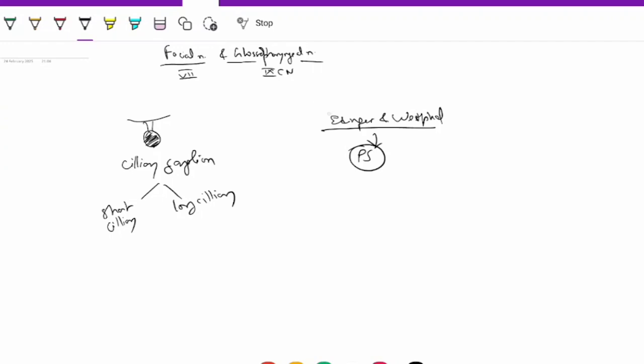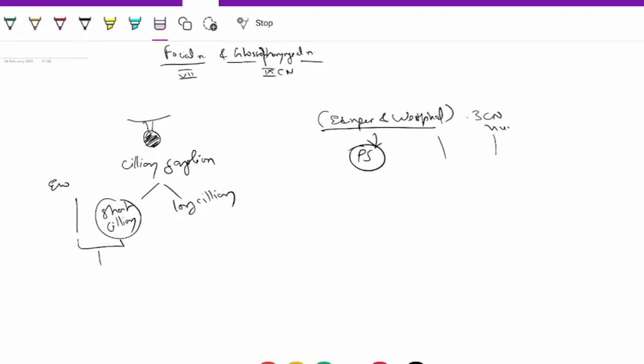Now, Edinger-Westphal is a friend of your third cranial nerve nucleus. They both send fibers. So, short ciliary and the nerve from Edinger-Westphal come together and supply your rectus muscles. Sorry, they don't supply your rectus muscles.